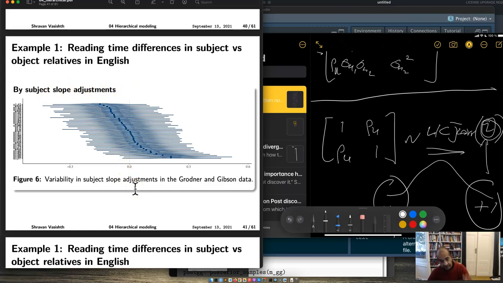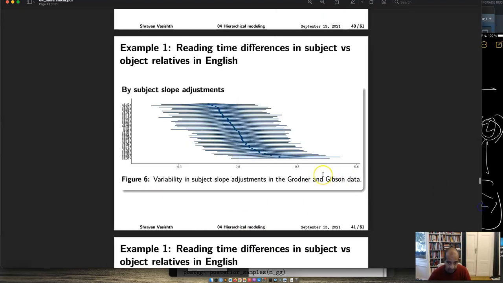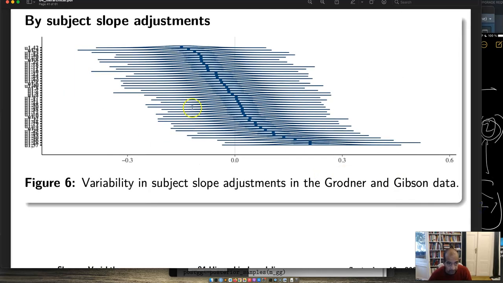I've extracted the relative clause difference for different subjects, and you notice that many of the subjects are showing very large effects, and some are showing negative effects, even, they're finding subject relatives harder than object relatives. These wide credible intervals are telling you that you have very little data from each subject, which is understandable. We've got only 16 data points from each subject. So there's not much one can say here except that subjects vary quite dramatically.